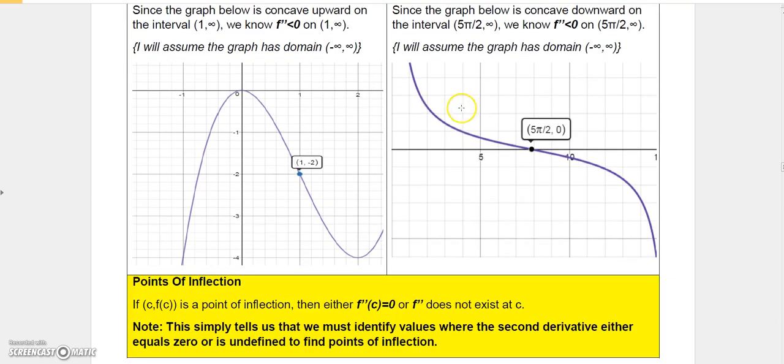Looking at this example, this portion of the graph has that upward concavity, so on this side I know the second derivative has to be positive. But over here, the curvature is a downward curvature.